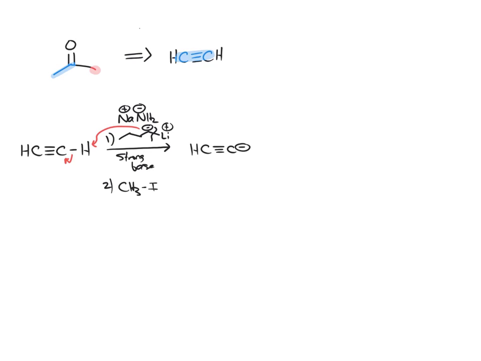And then I'll just rewrite this step 2, bringing the CH3I up here. Then this does a substitution. The negative attacks this carbon, displaces the leaving group, so nucleophilic attack.